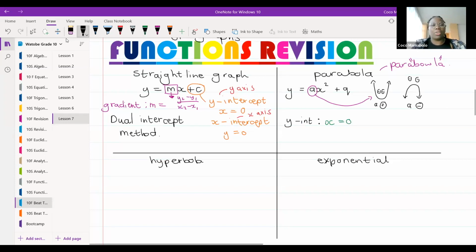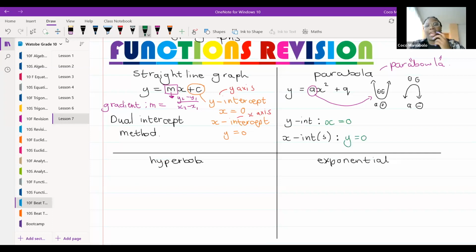The only difference with a parabola is that we do get x-intercepts, more than one, and that is where y is equal to 0.